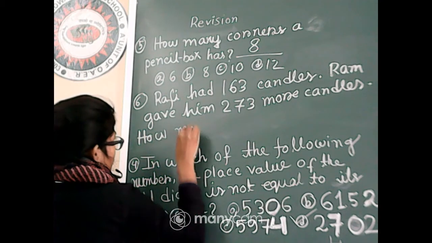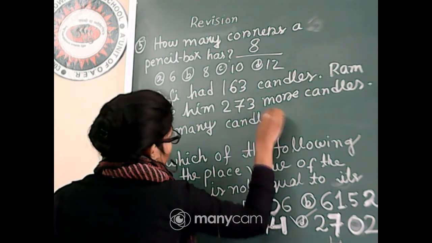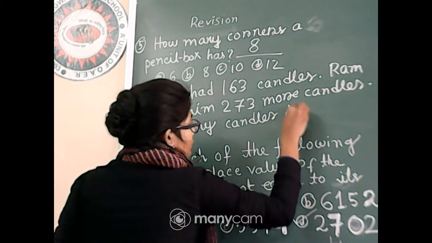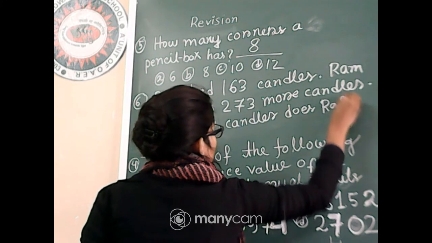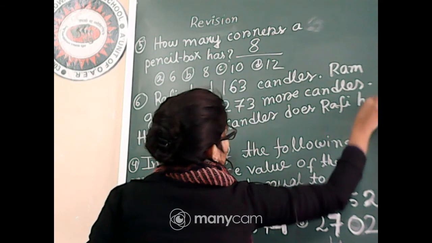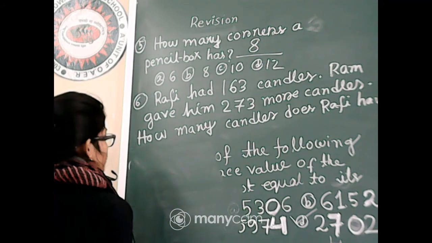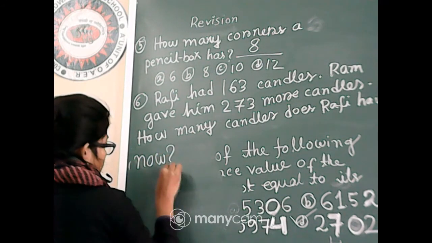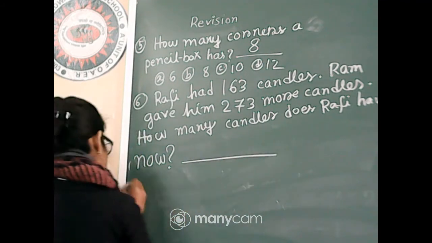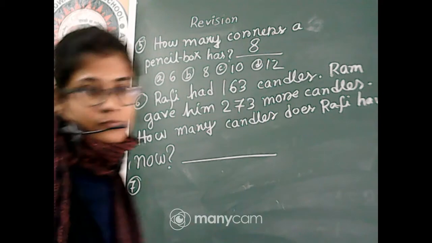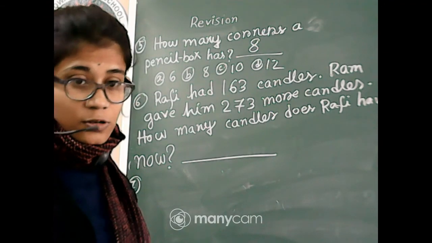How many candles does Rafi have now? Four hundred 63 and 436. Which one is correct?